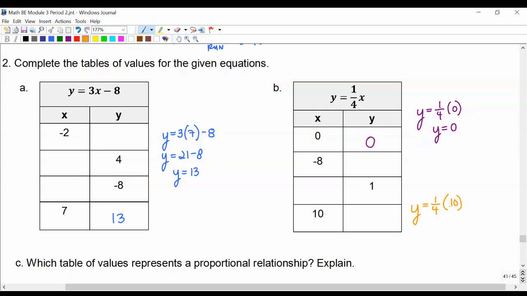In order to multiply this, we're going to put this over 1. Both of these are divisible by 2. 4 divided by 2 is 2. And 10 divided by 2 is 5. And we multiply across to get 5 halves, or 2.5.